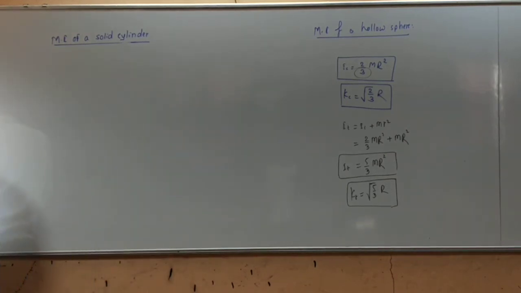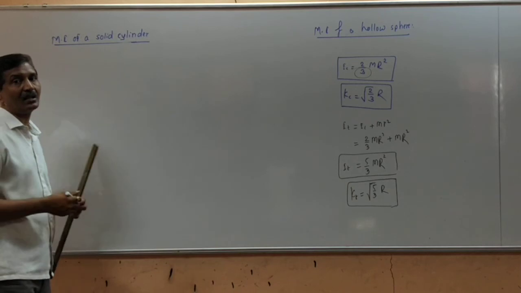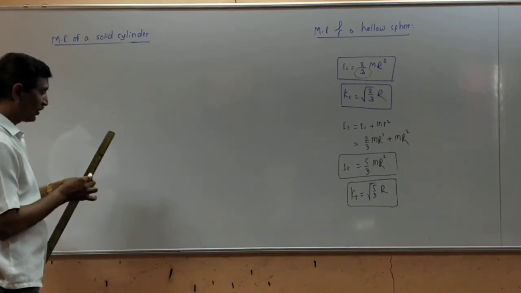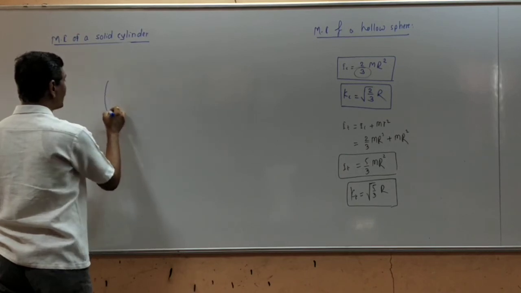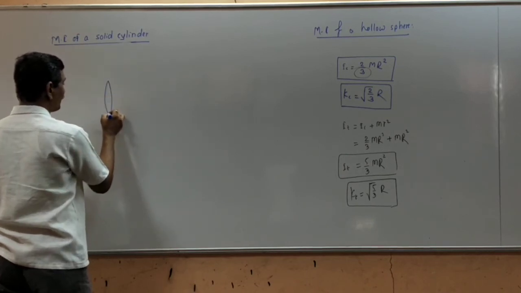For solid cylinder, again here we avoid the proof because proofs are not related to our syllabus. But how many axes are there? So for the solid cylinder, we consider the different axes of rotation.